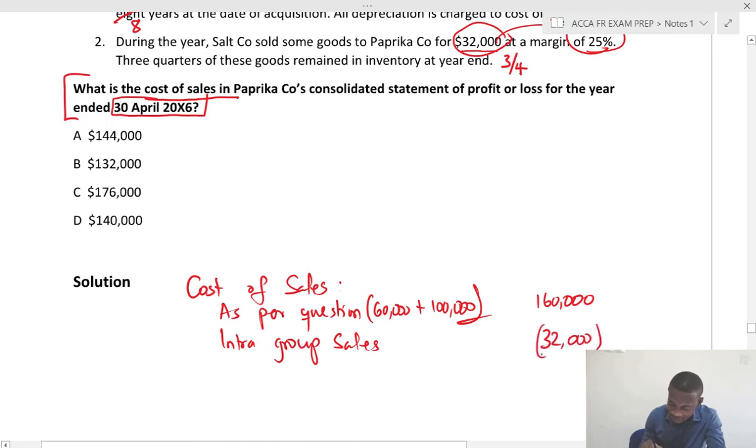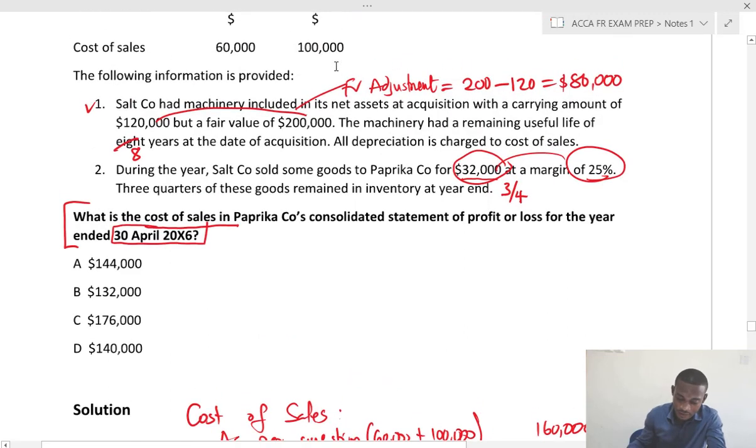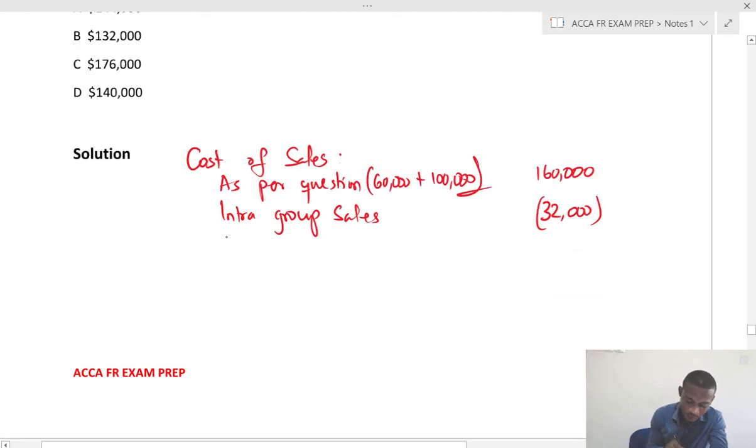So we deduct the intra group sales, and there was a fair value adjustment on a machinery, and from the date the machinery had a remaining life of 8 years, so we need fair value depreciation, and that would be added to cost of sales. So fair value depreciation on machinery is 80,000 divided by 8.